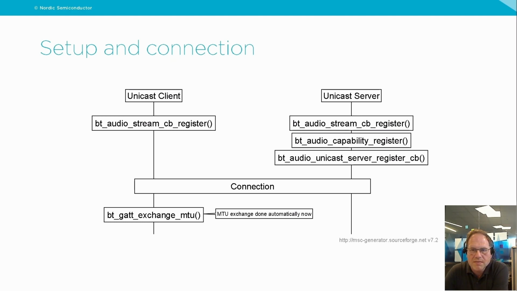With this done, the devices can connect. This is a normal ACL connection. And for audio streaming to work, there is a need for a larger ATT MTU than the default, but this is now done automatically in the stack. So this is how the setup and connection is done.